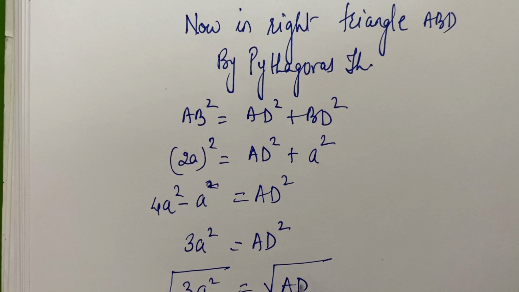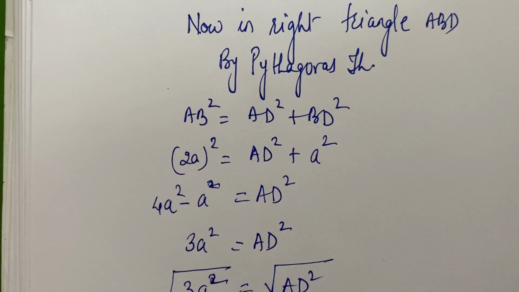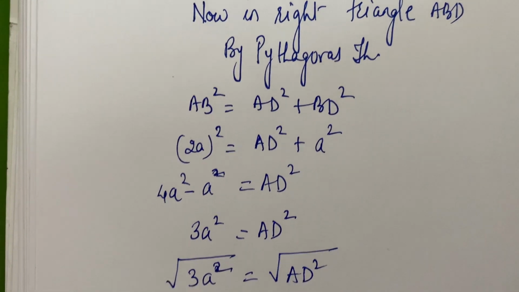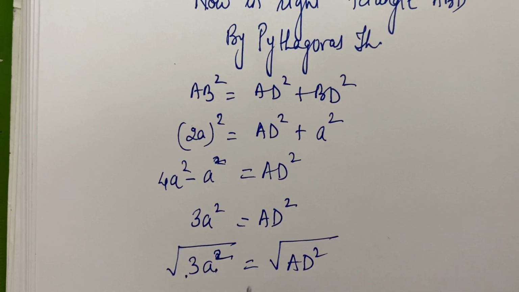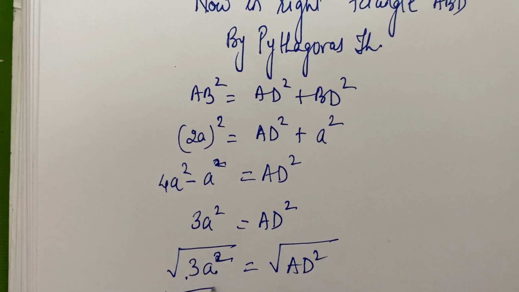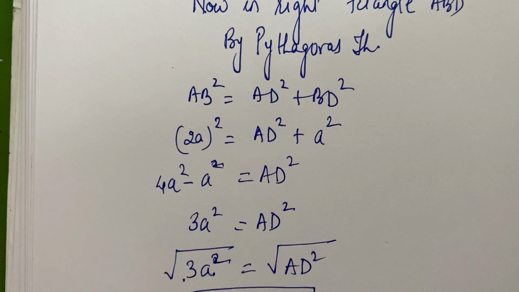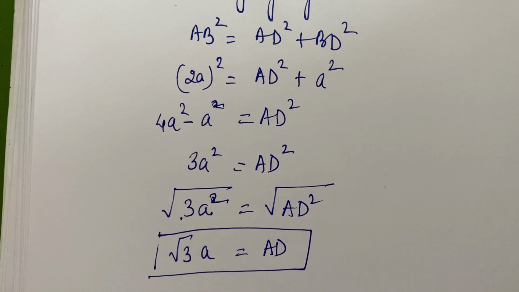If you take square root of both the sides, you will get root 3 times A. The square root of this will not come out, but that of A square will. Root 3 times A is your AD. So what is the length of the altitude? Root 3 times A, or A into root 3. The lengths of all the altitudes will be the same. Getting that? So we've done sum number 6 also. Fine.